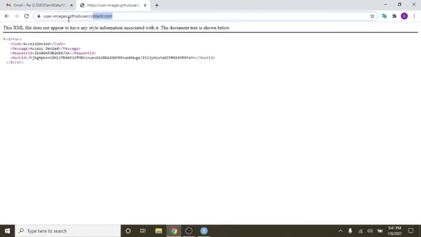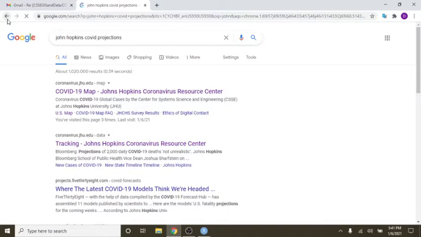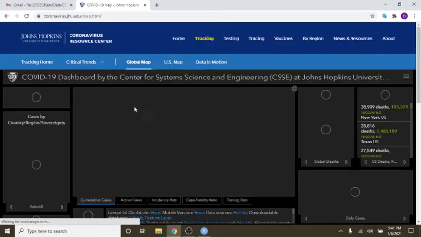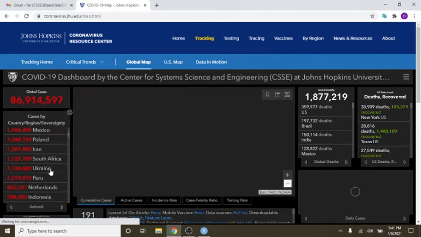Okay, let's take a look. Here we go. Here's the main plot. This is for the world. So what we do here is we come down here and we look for Sweden.